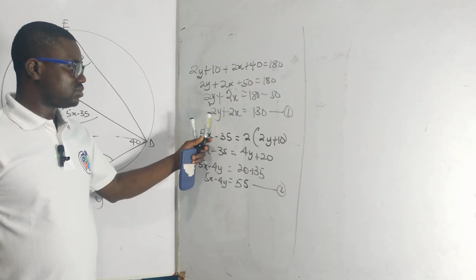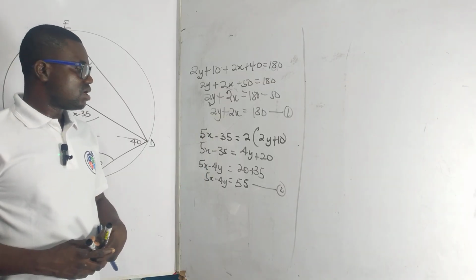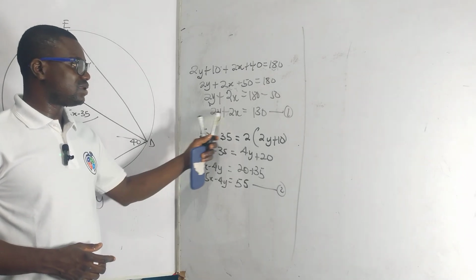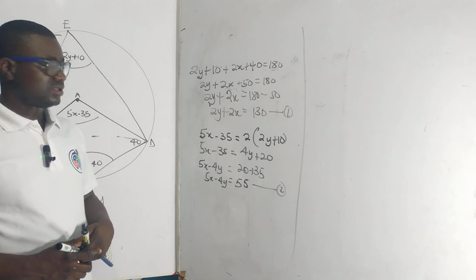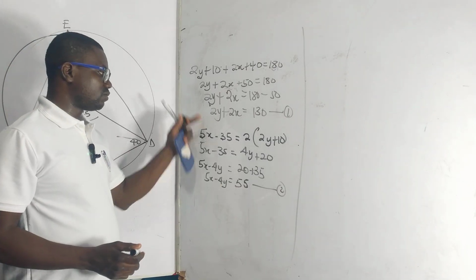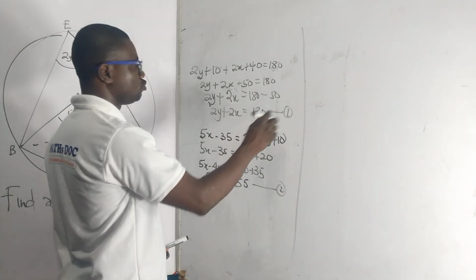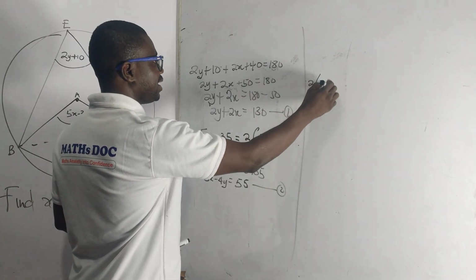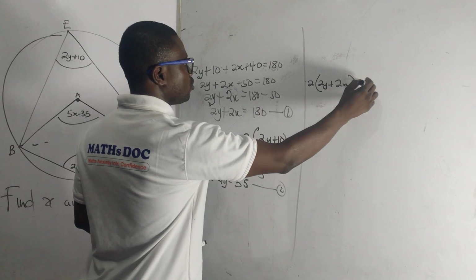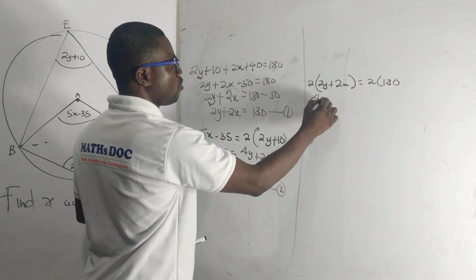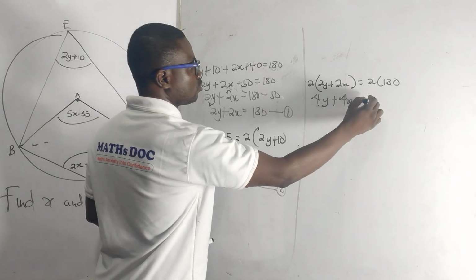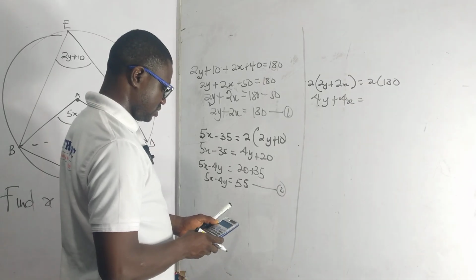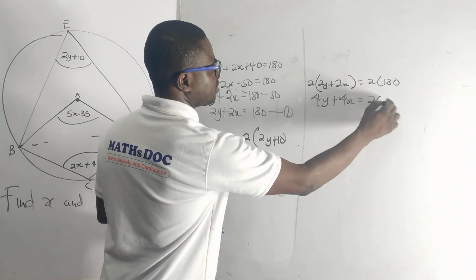In order to use the elimination, it means we have to make one of the variables the same. So we can multiply equation 1 by 2 in order to make one of them the same. When you multiply equation 1 by 2, you have 2 times 2y plus 2x is equal to 2 times 130, giving you 4y plus 4x is equal to 260.